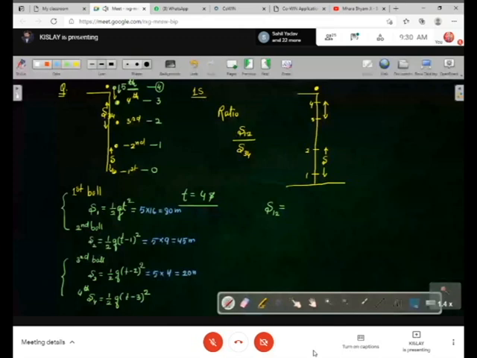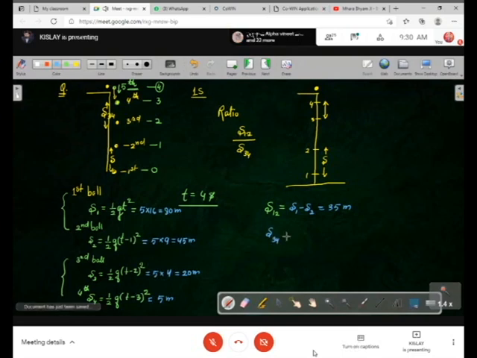Now you have to find the difference. S1 minus S2, and that is 80 minus 45, that becomes 35 meter. And here separation between third and fourth is S3 minus S4, and that is 20 minus 5, that is 15 meter.